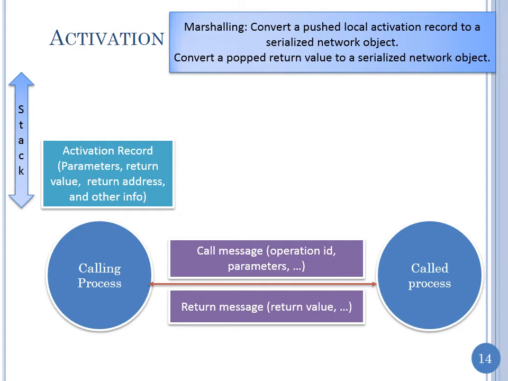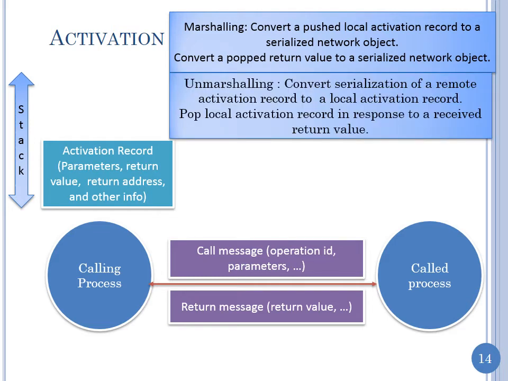Then copying the return value back on the network is again marshalling, and copying the received network value to a local return value is unmarshalling again. So this is marshalling and unmarshalling.